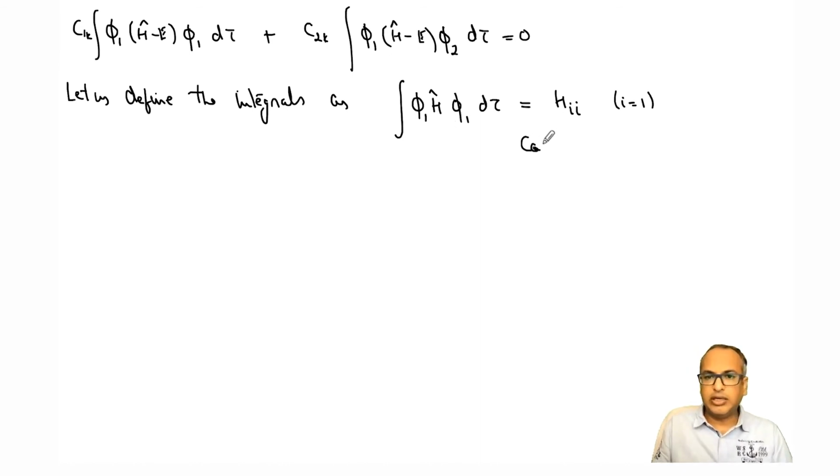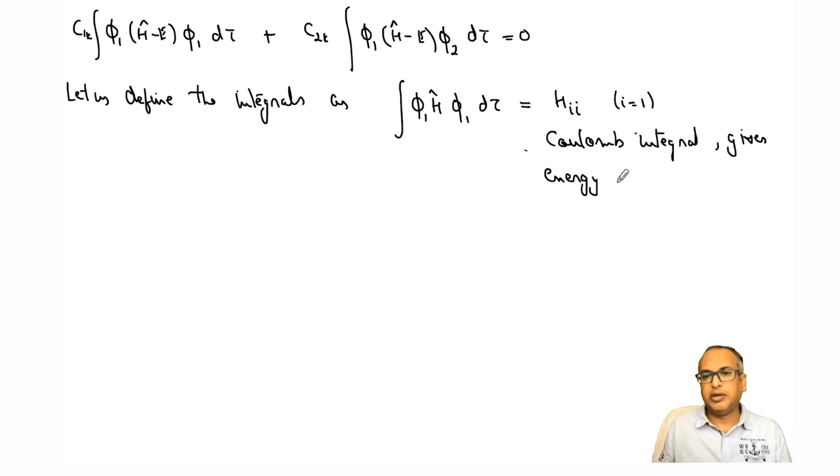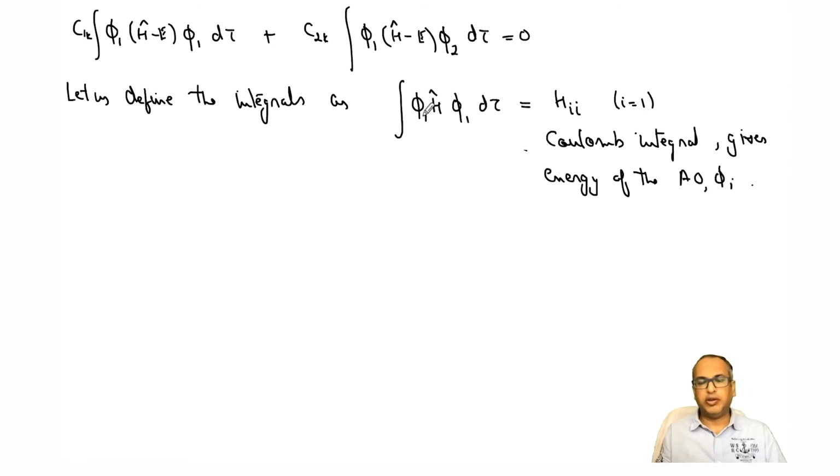This is called the Coulomb integral, and basically it gives you the energy of the atomic orbital phi I. So if you want to estimate the energy of phi I, you have to develop this integral, and this will tell you the energy of phi I.